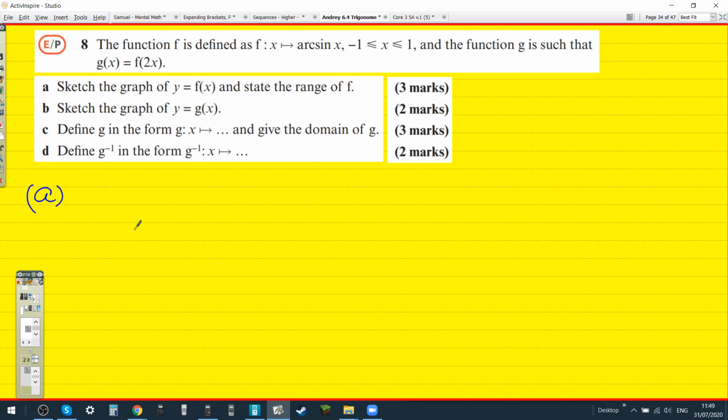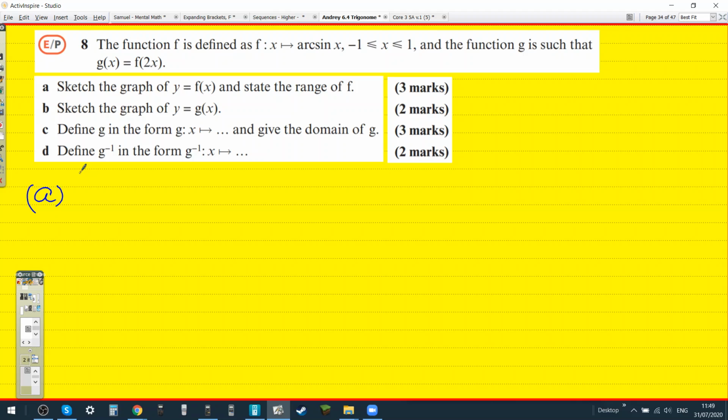So is that just y equals g of x? Oh no, that'll be y equals f of 2x divided by 2. And so that'd be a half times arcsine x.